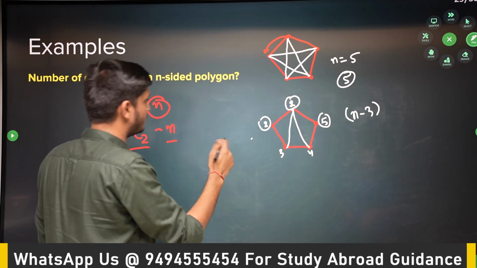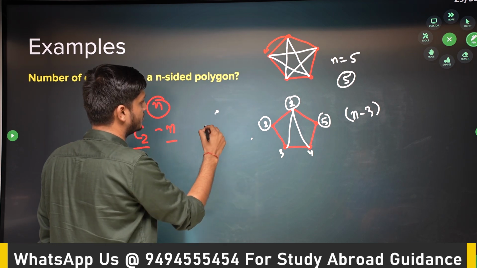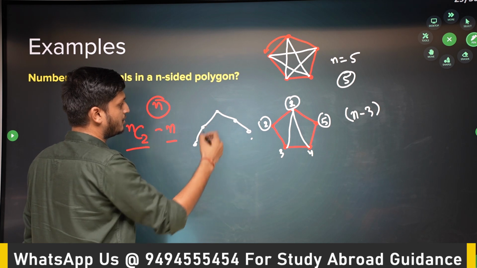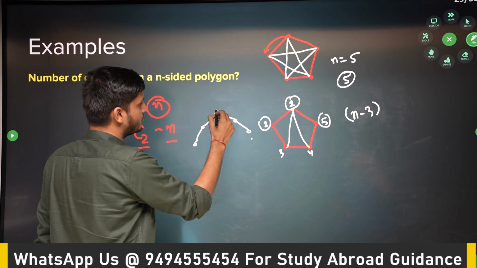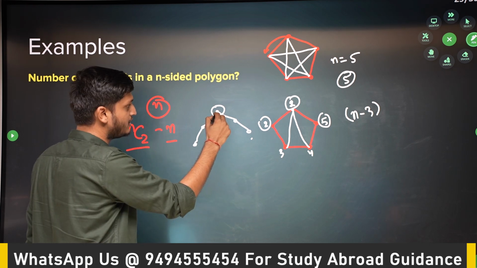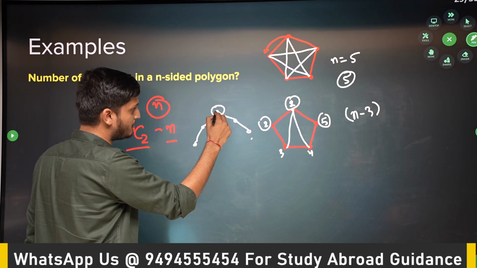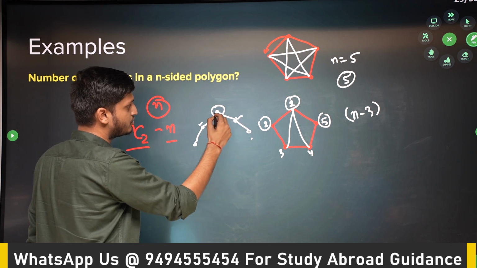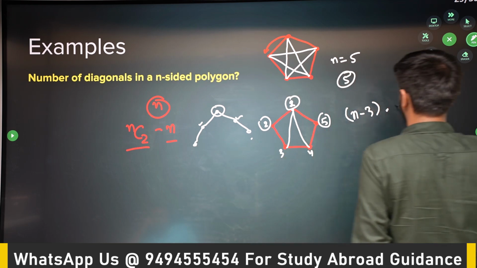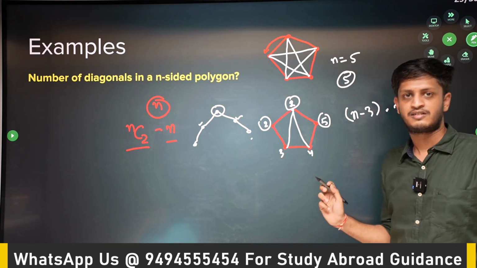Similarly, let's say you have a very large polygon with 100 sides. For this vertex, how many diagonals can you make? Starting at this vertex, you can connect it to every vertex except this one and this one. So you will have n minus 3 options. So for every vertex, you connect it with n minus 3 different vertices.